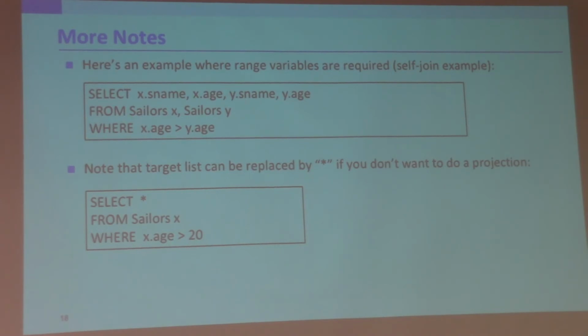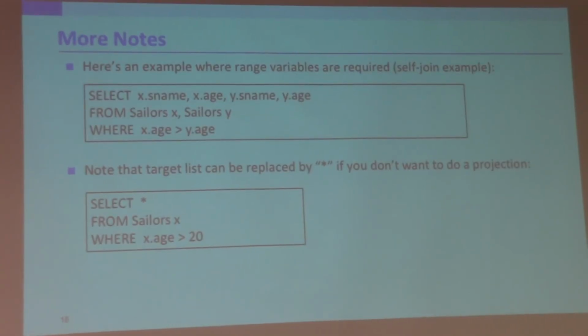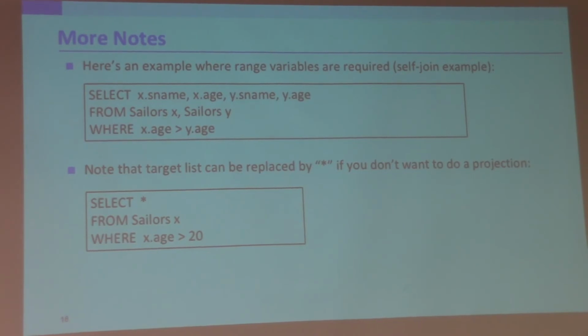I can't specify sellers, sellers; that will give us an error. So we have to rename it, creating an alias or range variables x and y, and then from one copy of the table I select the persons who have more age than those in the second table. In that way I can combine any sellers where one of them is senior and another is junior.